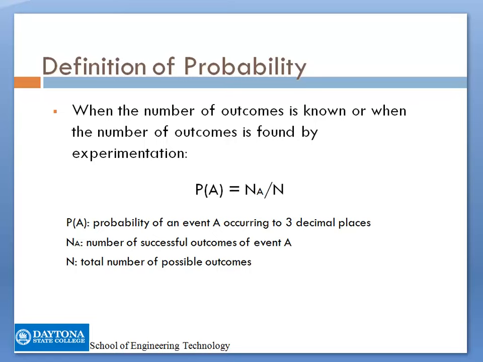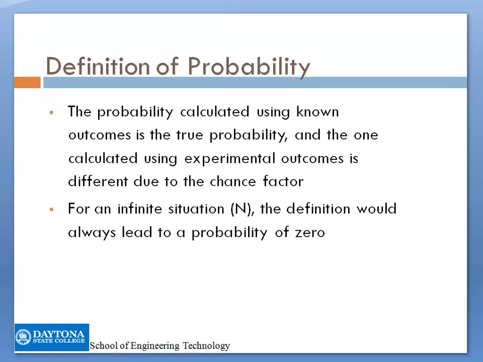When the number of outcomes is known, or when the number of outcomes is found by experimentation, the probability of an event A is equal to the number of successful outcomes of event A divided by the total number of possible outcomes. This is another definition of probability. The probability calculated using known outcomes is what we call true probability.